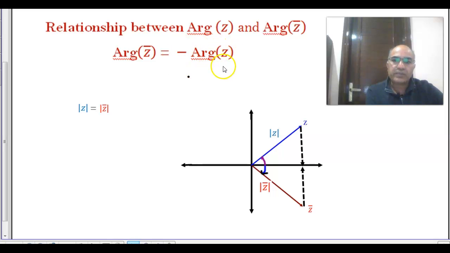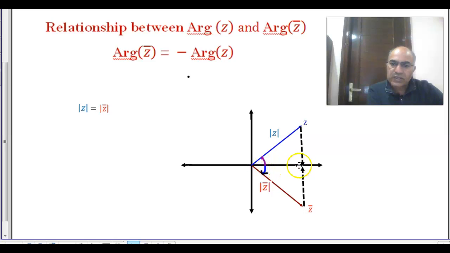Very important relationship. We can see, let z be this complex number and the vector representing z is this one. Similarly, its z conjugate is below the x-axis at this point, and its vector is this vector. Now this length is mod of z and this length is mod of z conjugate. Since mod of z conjugate is equal to mod of z, these two lengths are equal.